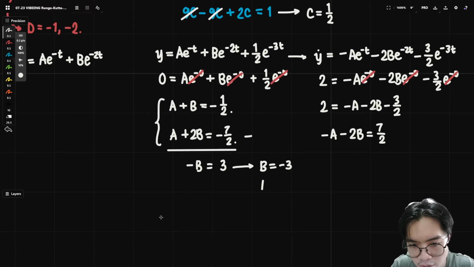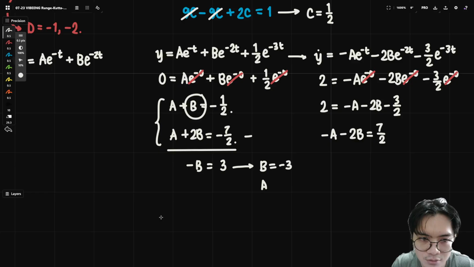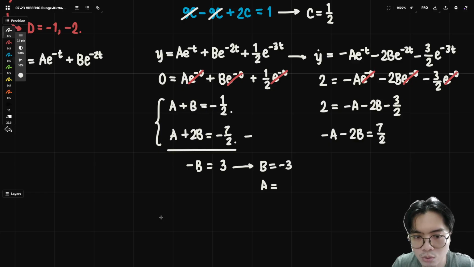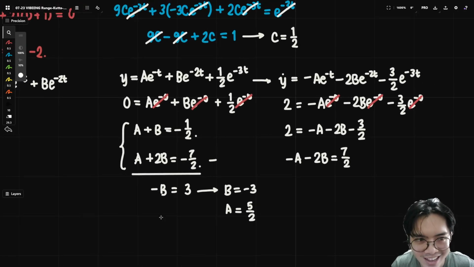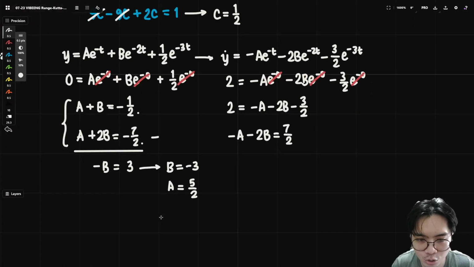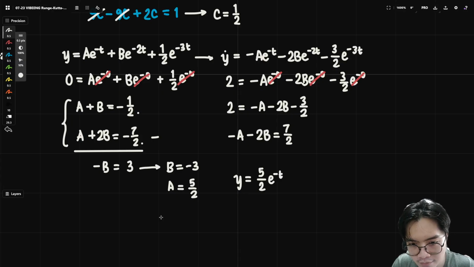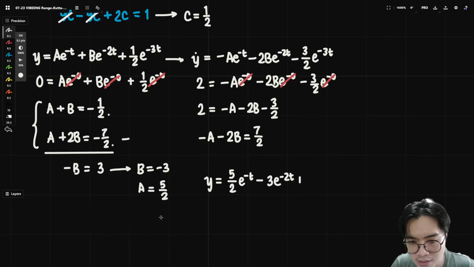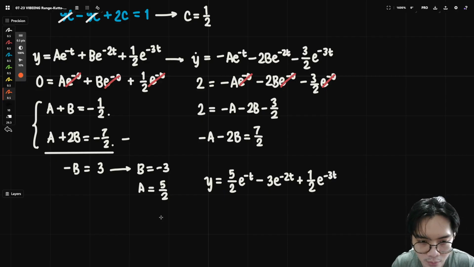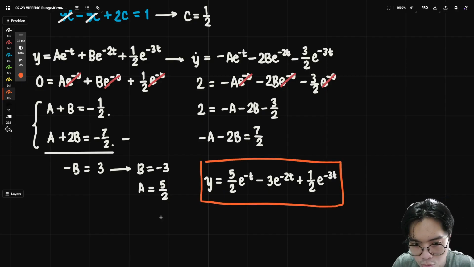And that means that your A, if we substitute it here, will be equal to 5 over 2. So our particular solution now will be y is equal to 5 over 2 e raised to negative t minus 3e raised to negative 2t plus 1 half e raised to negative 3t. This is our analytical solution.